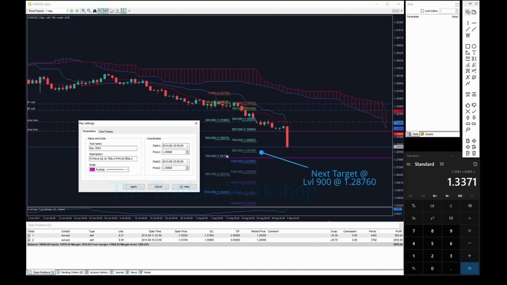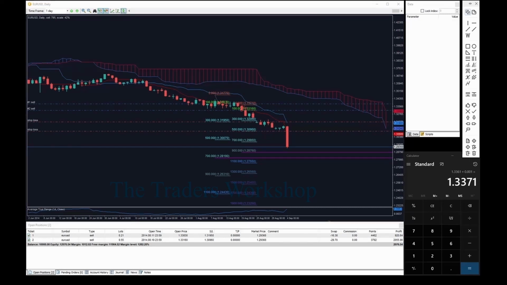And the next price level should be at level 900. The level 900 at 1.28760. The same goes for price 2. Then click Apply. Let's continue with our trade.